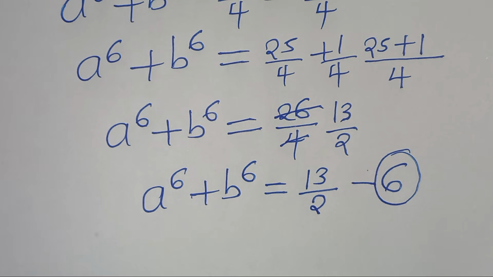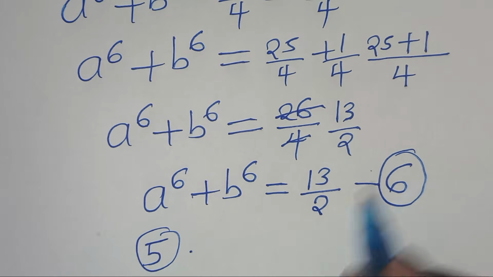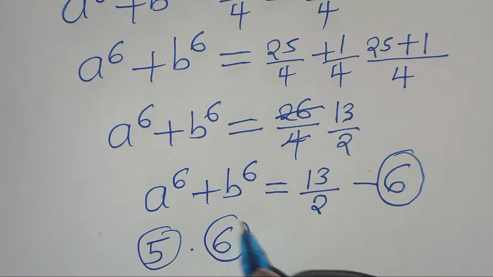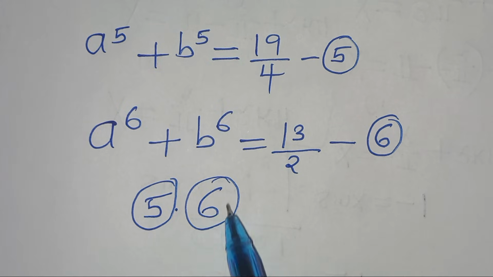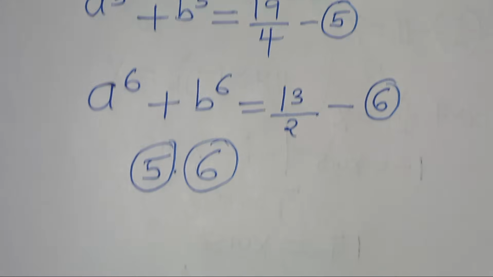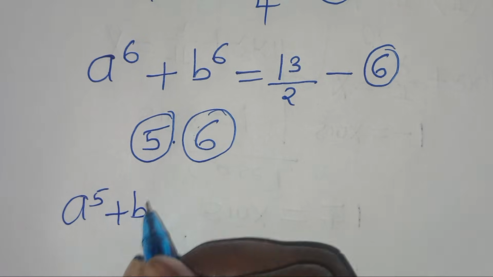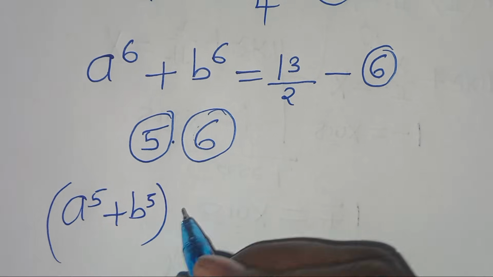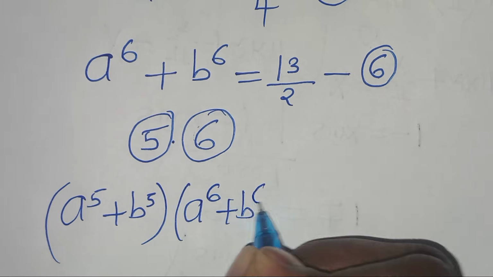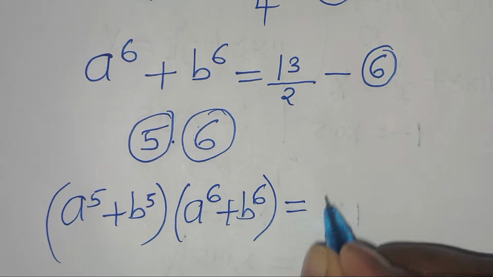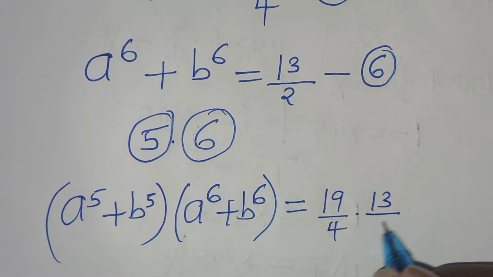Okay, now let's multiply equation 5 and equation 6 here. So we have a to the power of 5 plus b to the power of 5 multiplied by a to the power of 6 plus b to the power of 6. This is equal to 19 over 4 multiplied by 13 over 2.